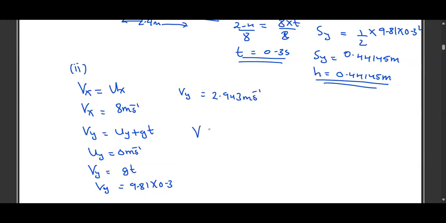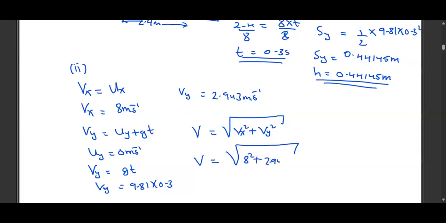Now our V, that is the resultant velocity, is going to equal the square root of Vx squared plus Vy squared. So V is equal to the square root of 8 squared plus 2.943 squared. We use our calculator to find the answer.